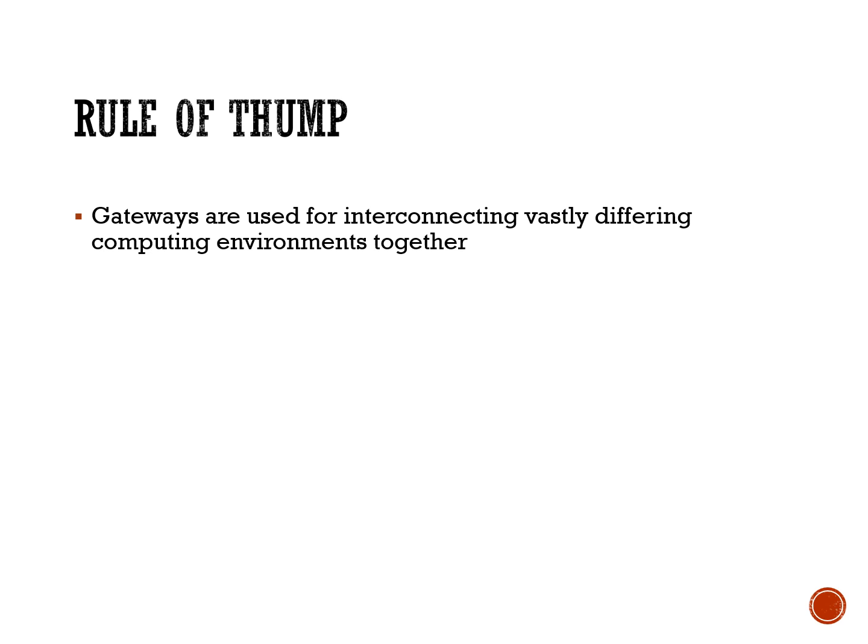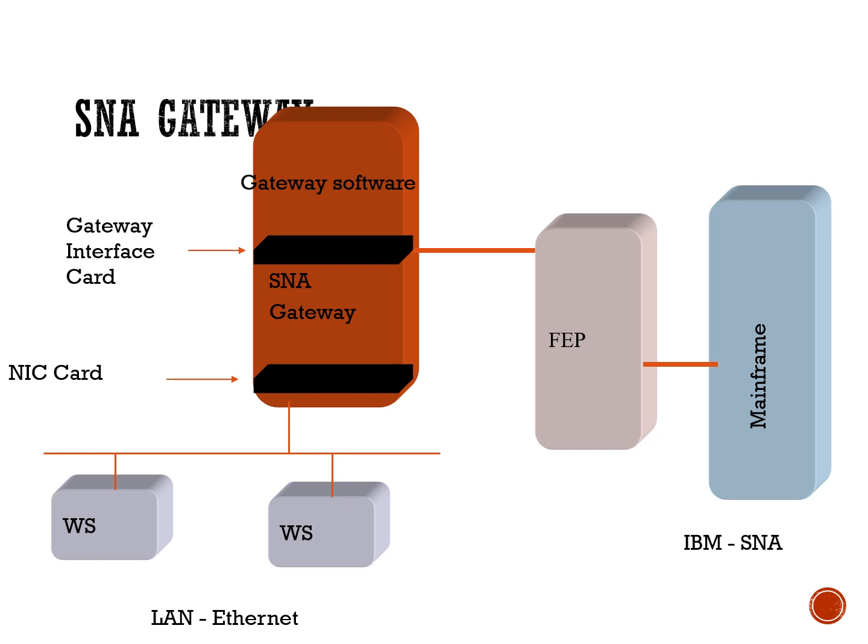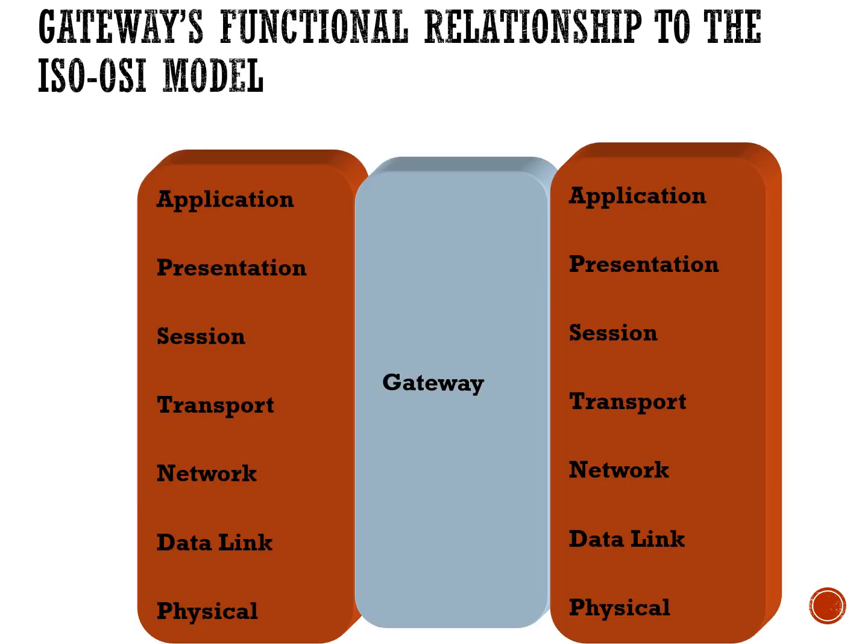All of the devices nowadays support this. For example, in this video you can see this IBM SNA network is connected to the Ethernet LAN using a machine which acts as a gateway. And a gateway operates across all layers of the OSI model.